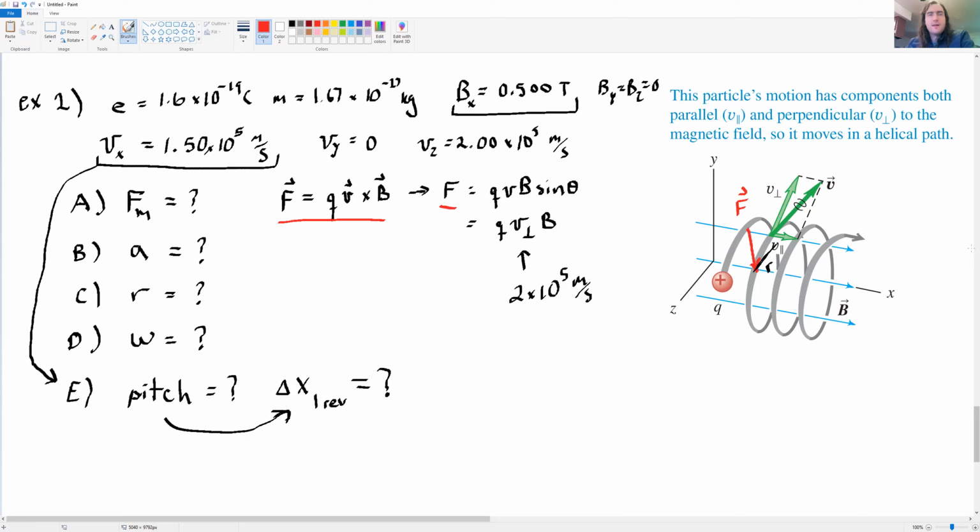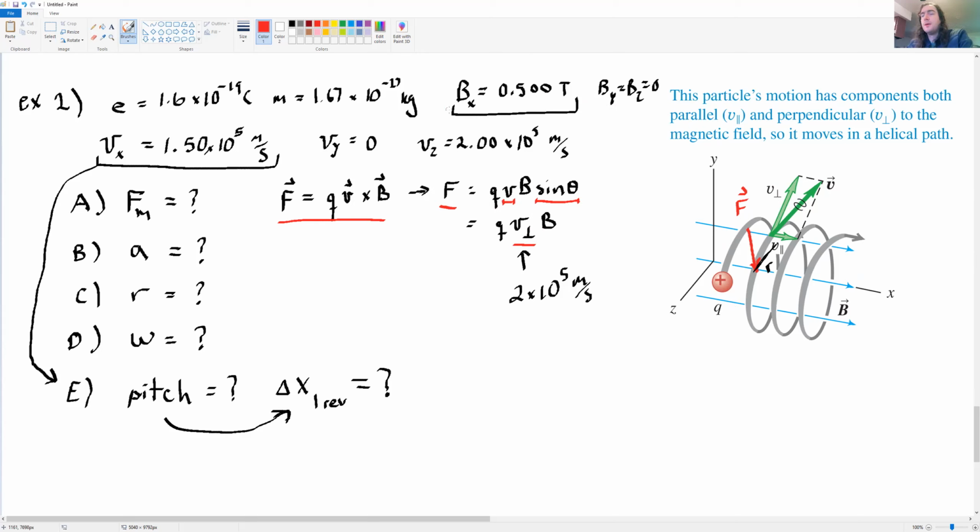But the best way to think of it is that only the velocity that is perpendicular to the magnetic field will actually count towards the force. So you combine the terms v and sine theta to make v perpendicular. So v sine theta is v perpendicular. V perpendicular is what we know.